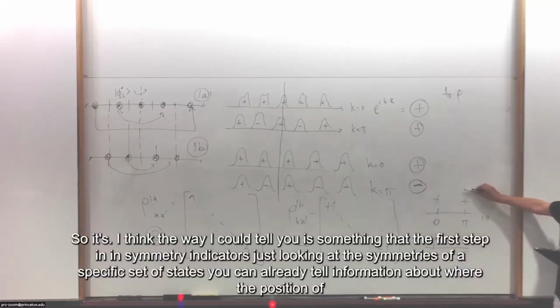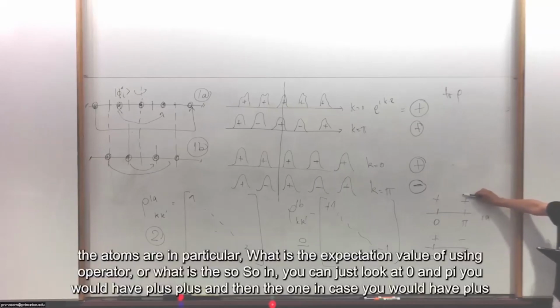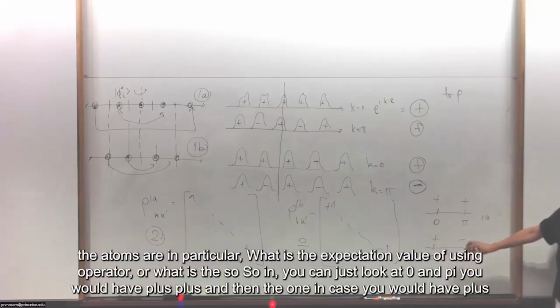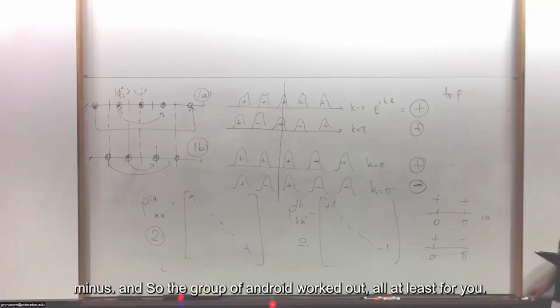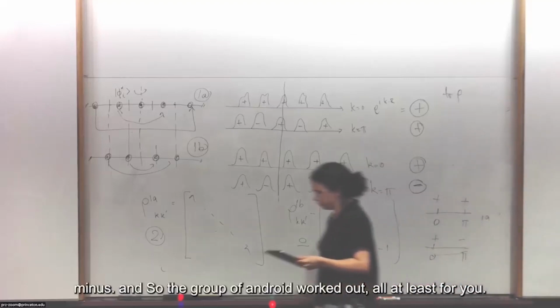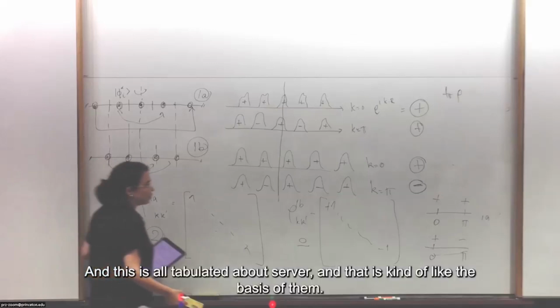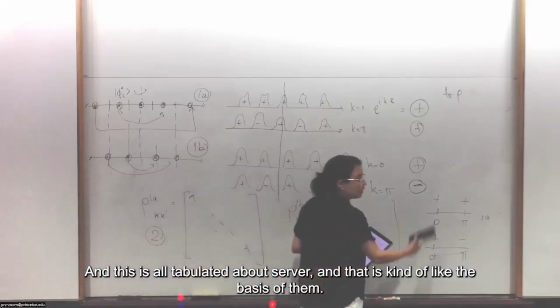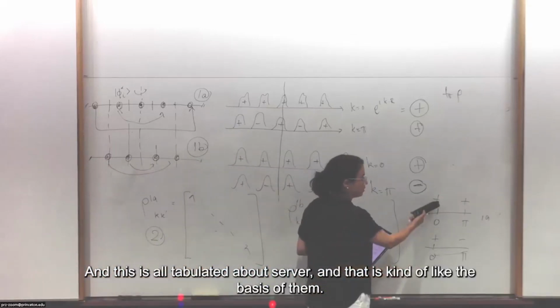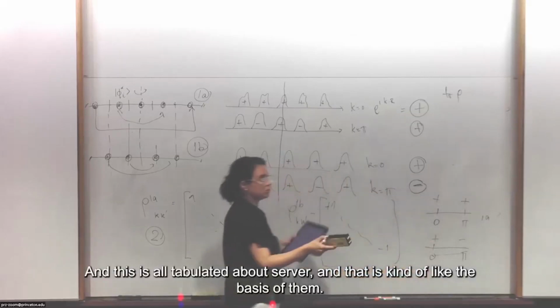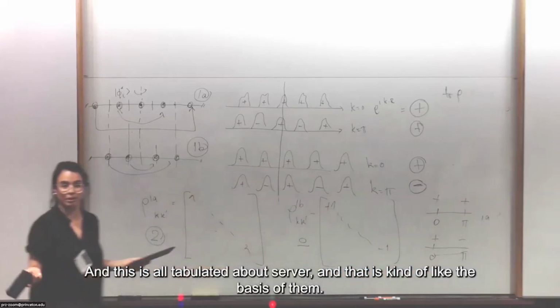And so the group of Andrei worked out all of these for you, and this is all tabulated in the Bilbao server, and that is the basis of topological quantum chemistry. It basically tells you that by knowing how atomic states transform under certain symmetries, like mirror symmetries, and additional information about Berry phases, you can label all of the atomic bands.